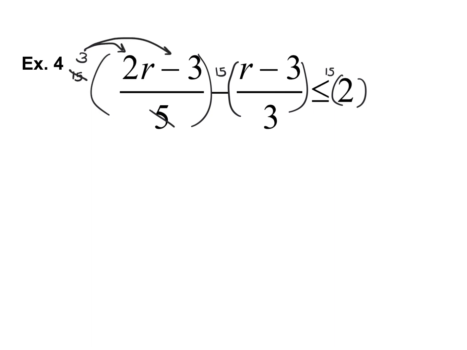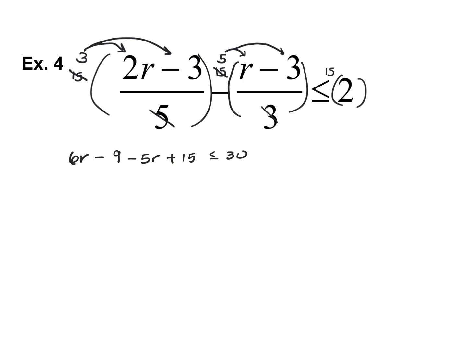So I have a numerator of 6r minus 9. Second set of parentheses, I can simplify this, and that becomes 5. So I'm going to distribute the minus 5. So I end up with minus 5r plus 15 is less than or equal to 30.